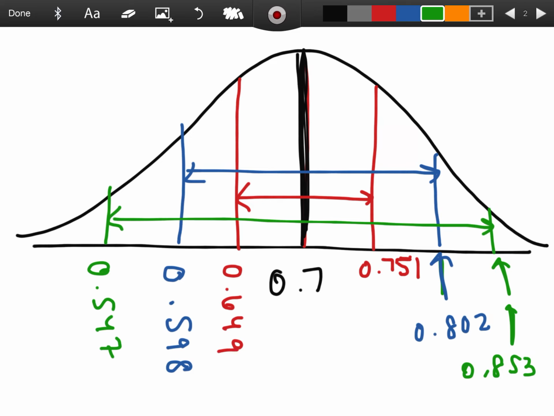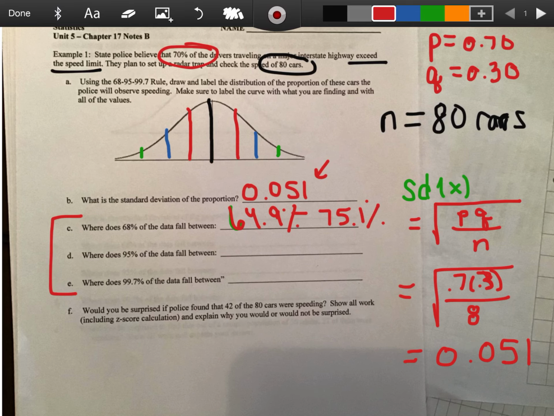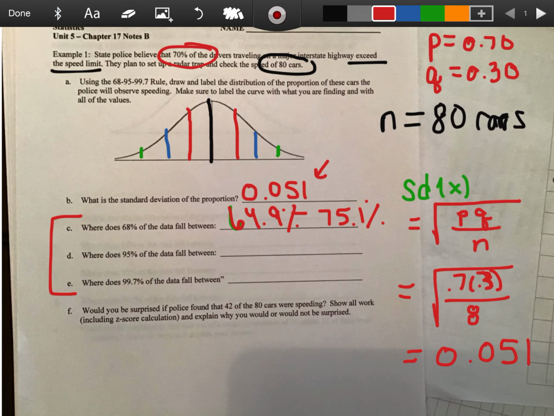So if I go back here, my red is going to be 64.9 to 75.1. So 64.9% to 75.1%. My next one, my 95, would be 59.8 and 80.2.